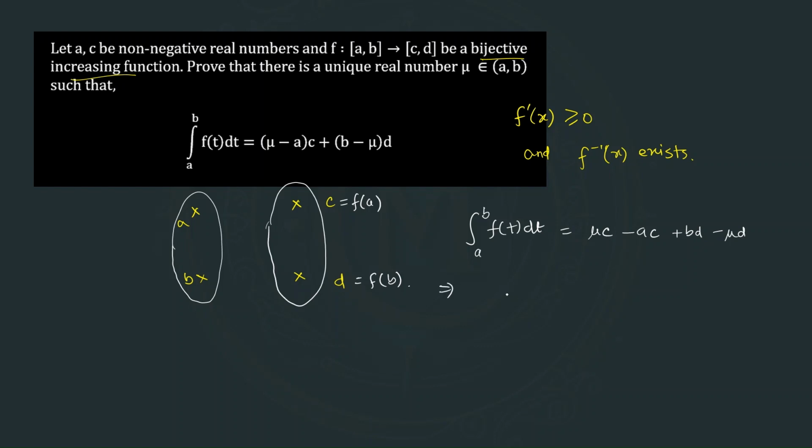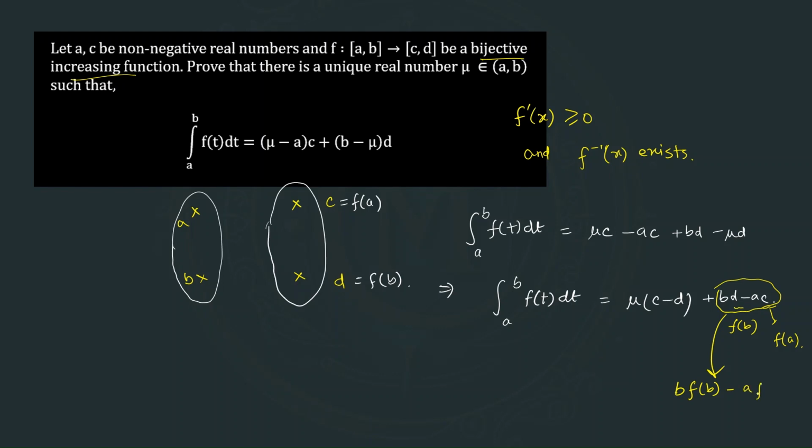So here it will be integral a to b f of t dt equal to mu times c minus d plus bd minus ac. Now we already have seen that d is equal to f of b and c is equal to f of a. So we can write this whole expression as b times f of b minus a times f of a.